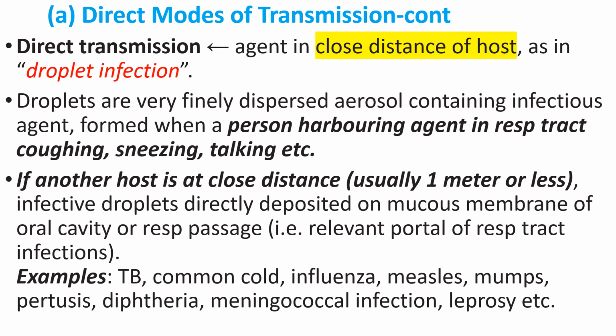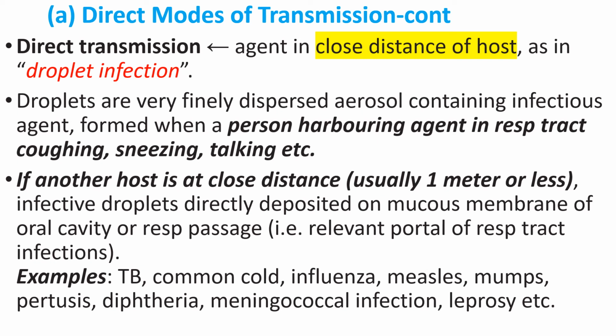Direct transmission due to agent in close distance of host, as in droplet infection. Droplets are very finely dispersed aerosol containing infectious agent, formed when a person harboring agent in respiratory tract is coughing, sneezing, and talking.